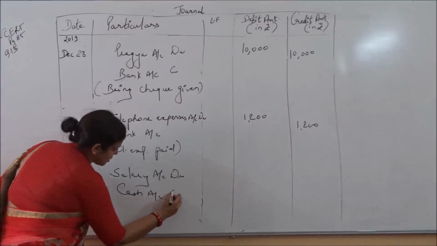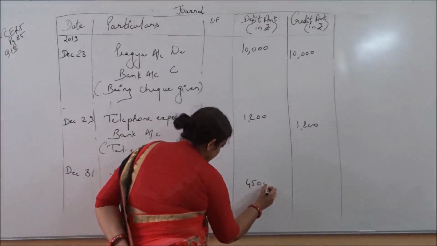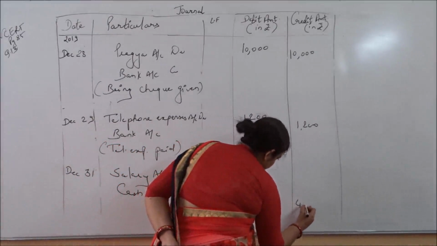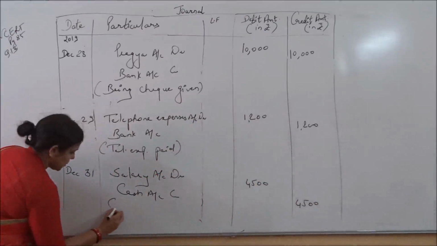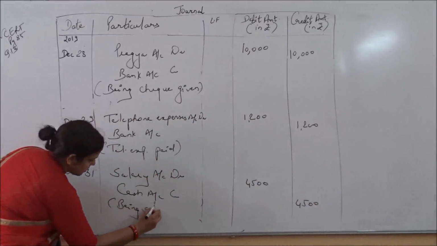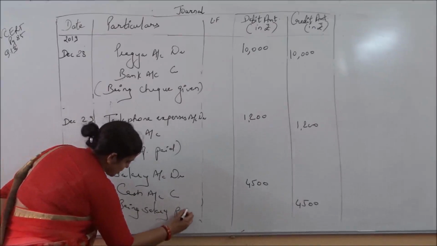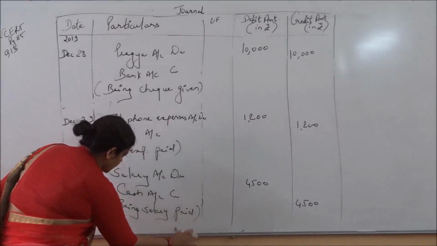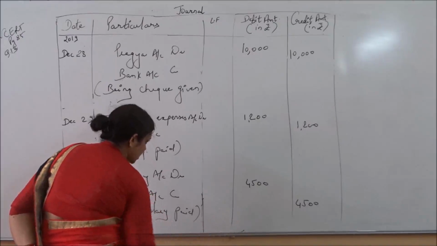Cash account credit and amount is rupees 4500. Being salary paid. Narration. Being salary paid. So in this way we have completed all the transactions which were given in question number 13.